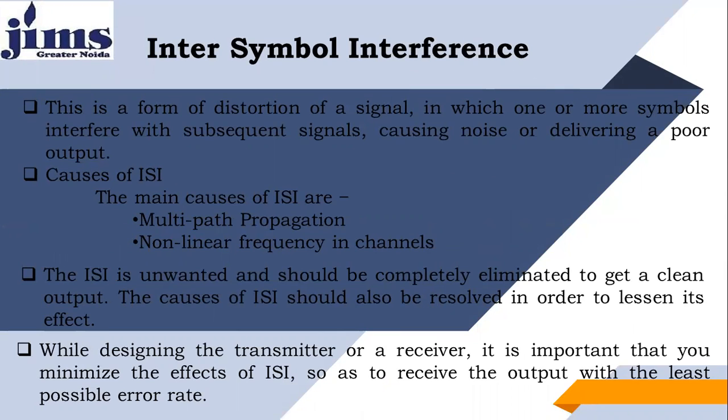So we start with what is ISI? What is inter-symbol interference? Actually, this is a form of distortion of a signal. ISI sometimes can be the main cause of distortion in a signal.